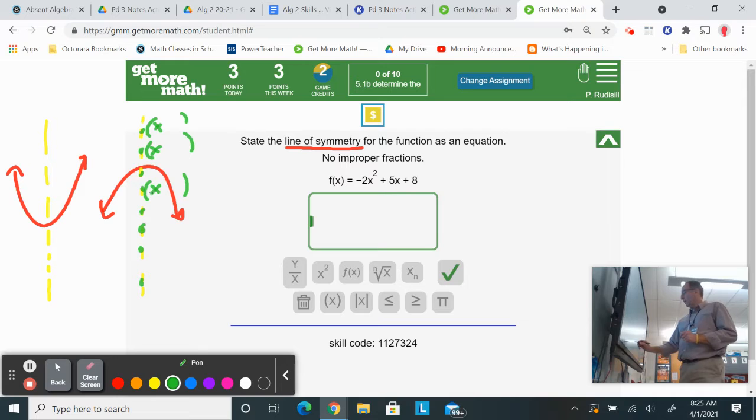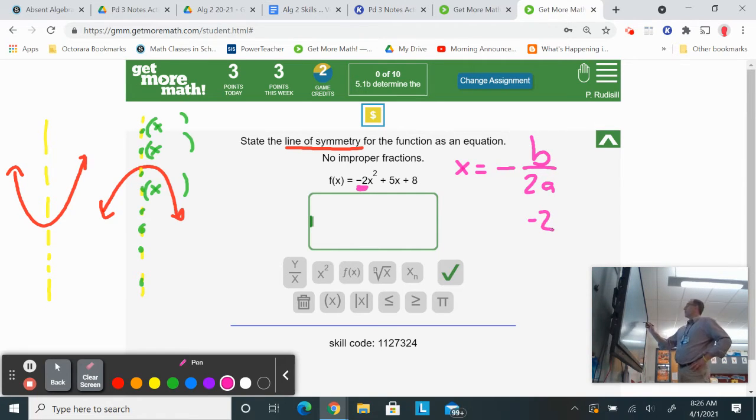We use a formula. The formula is x equals the opposite, and you put b in the numerator, you double the a in the denominator, and then you simplify it, you find out what your equation is for x equals. So let's do that. So my b is -2. So my -2 goes in the numerator. 5 is the a.